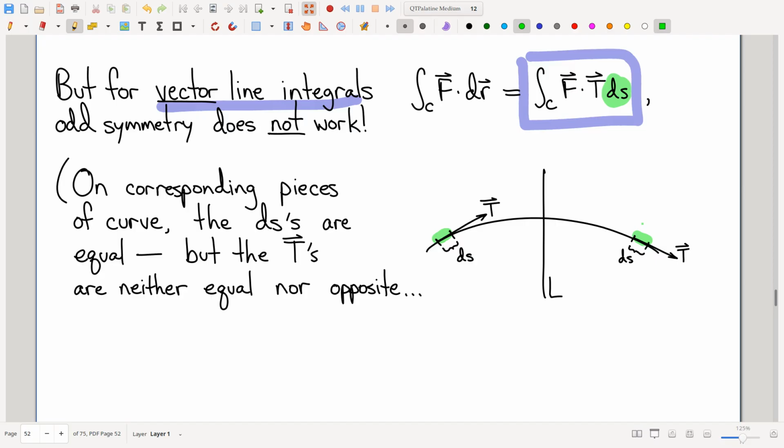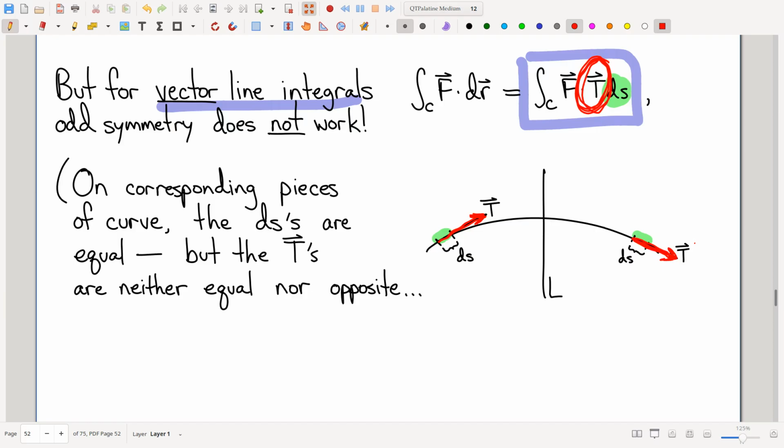The problem is, if you look also here, we're going to need to involve those unit tangent vectors. And notice the unit tangent vectors, like so, they're not the same. The ds's are the same.